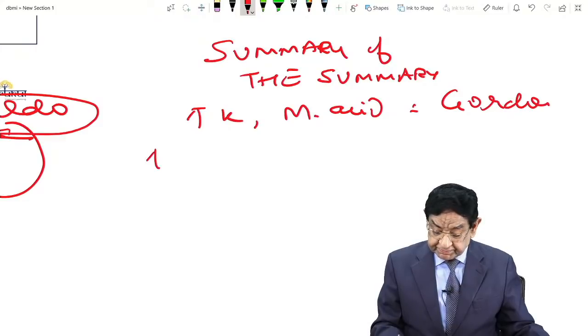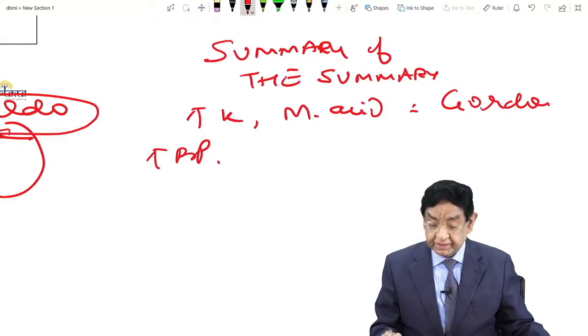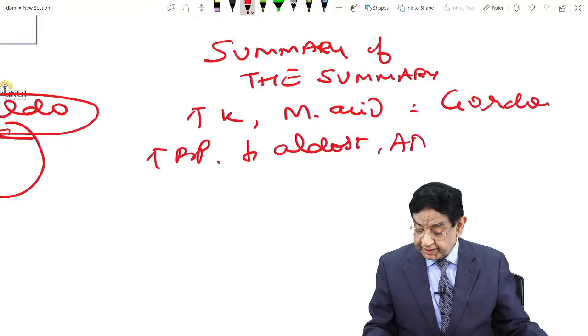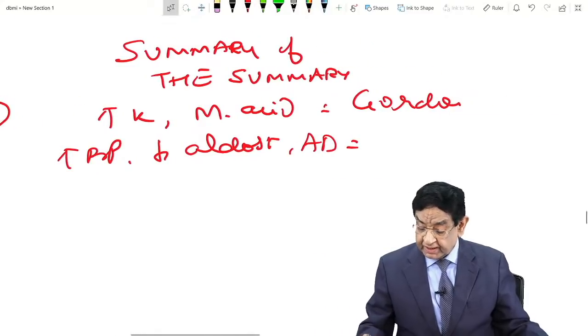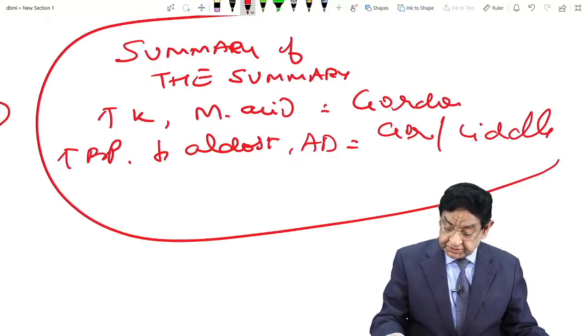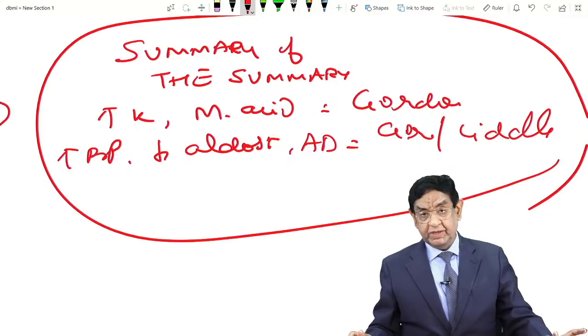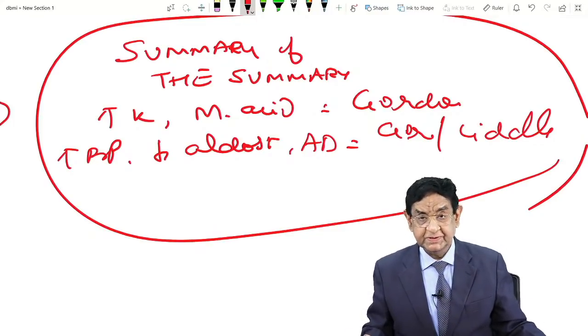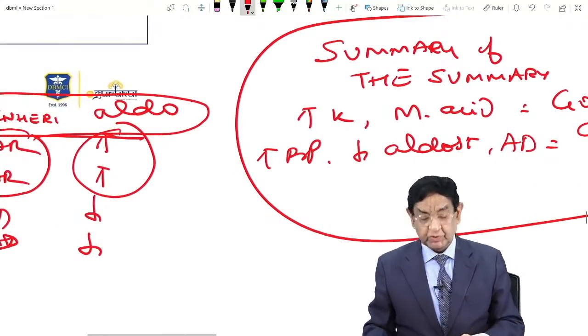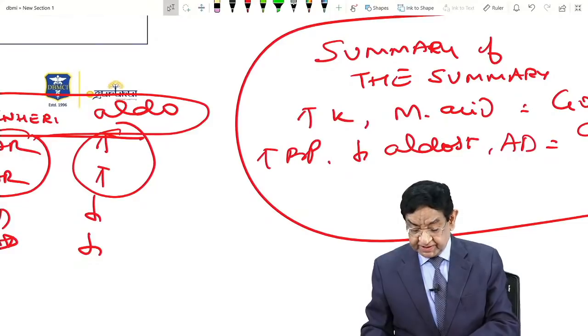Conditions with increased BP, reduced aldosterone level, autosomal dominant are Gordon and Liddle. So the summary of the summary you can revise in only 2 lines. I hope you are clear about all these difficult syndromes.